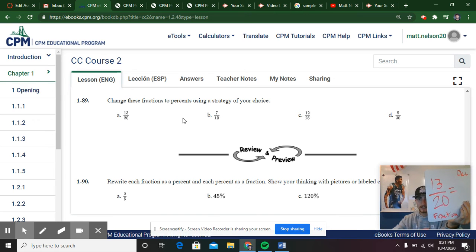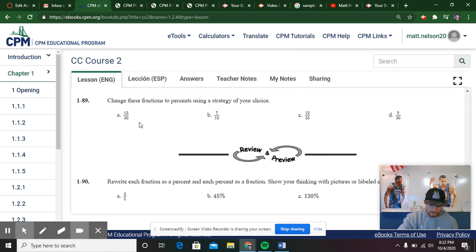Well, remember that 13 over 20 is the same thing as saying 13 divided by 20. So if I go ahead and do that on my calculator here, 13 divided by 20, I get 0.65. So that would be what?